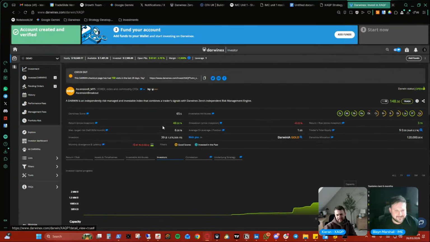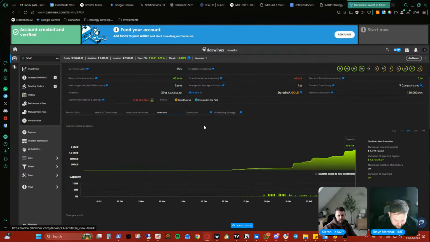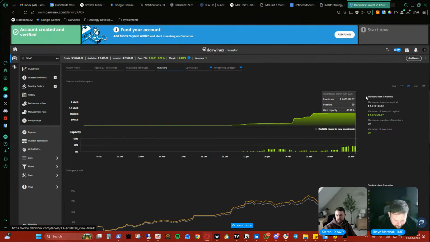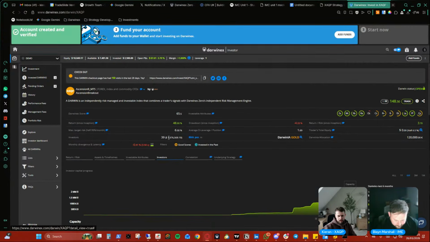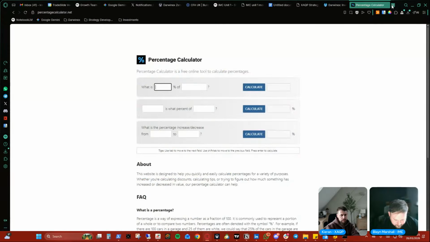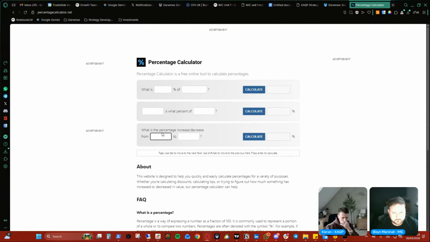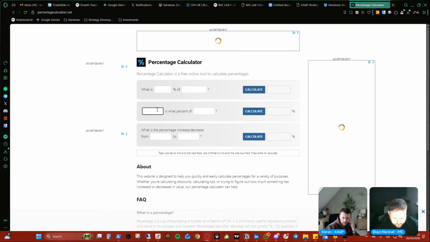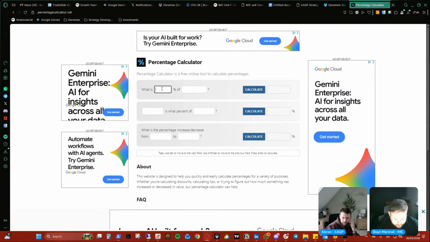Yeah. So this is XAQP, so this is mine. I'm going to come into the investors tab down here, and you can see that my true capacity is actually already at 40.81%, which means that at 1.6 million, let me just work that out, percentage calculator. Which one is it? What is 40%?